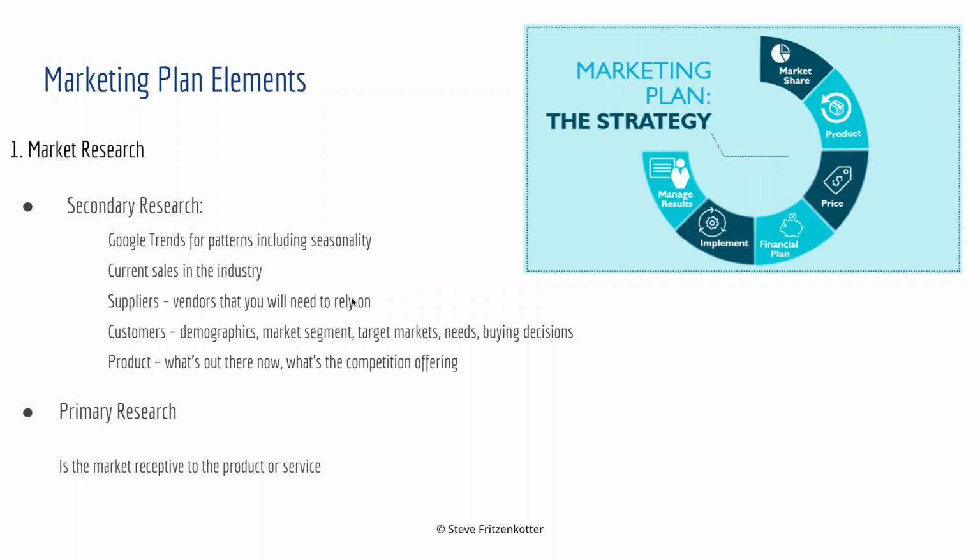You can look at suppliers in the industry, who the customers are there, and why they buy what they buy, and also what's out there now, and what your competition is offering. These are all elements that you can assess without formal surveys and focus groups, things like that. You can access this information.